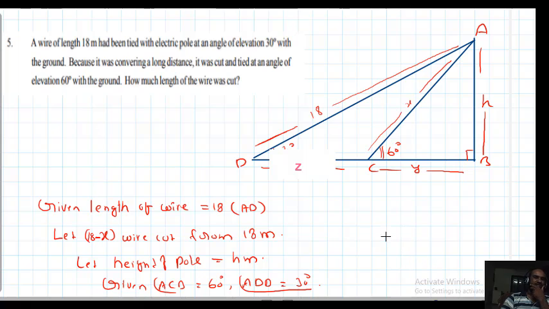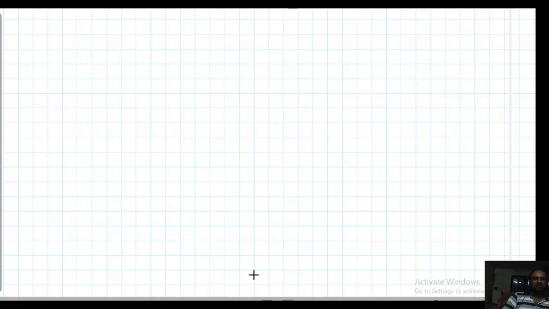Okay, students. Actually, this is 18, this is x plus some wire. So x plus some wire gives 18. So let it be extra, y. Y plus x is 18. What is y? 18 minus x only. I think understood.